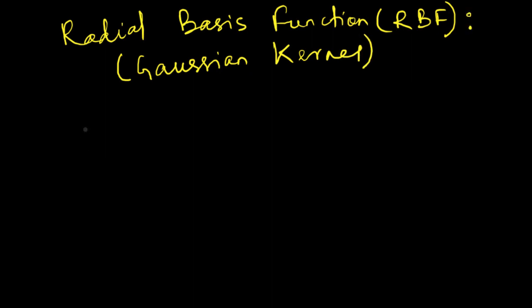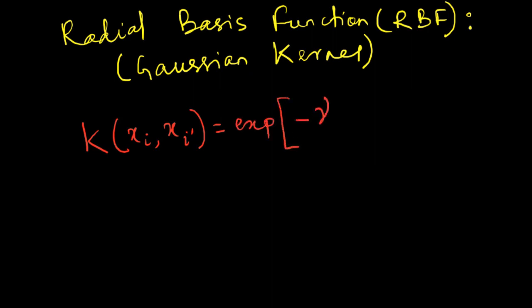So this radial basis function k of x i comma x i prime is given as exponential of minus some parameter gamma into the norm of x i minus x i prime squared. So this is the Euclidean distance between x i and x i prime, and the square of that multiplied by a factor gamma.